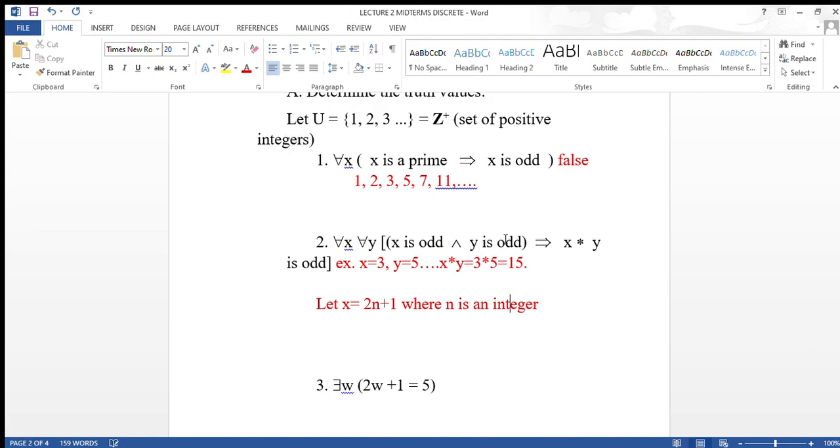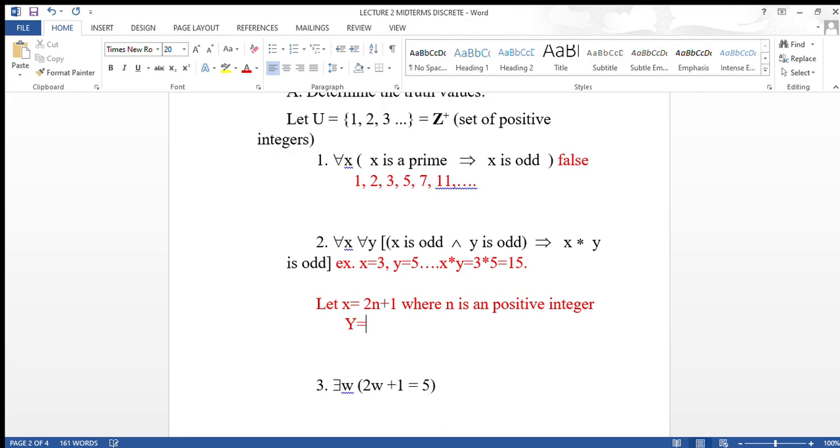So in this case, n is a positive integer. Why positive integer? Because x is a positive odd integer. Remember from algebra, when you multiply any integer by 2, that will be even. And if you add 1 to that even value, it will become an odd integer. So that is now the representation of x.